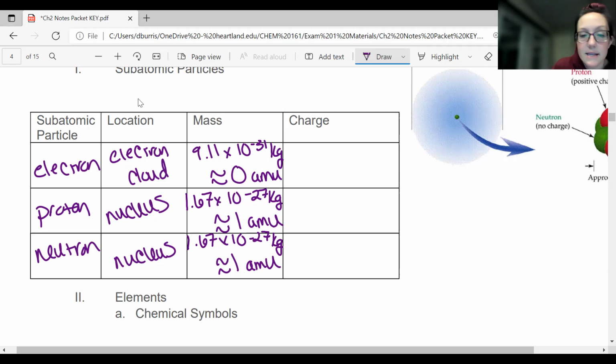Last thing is the charge. We always think of an electron as having a charge of -1, a proton having a charge of +1, and a neutron having no charge. Those are relative to each other.